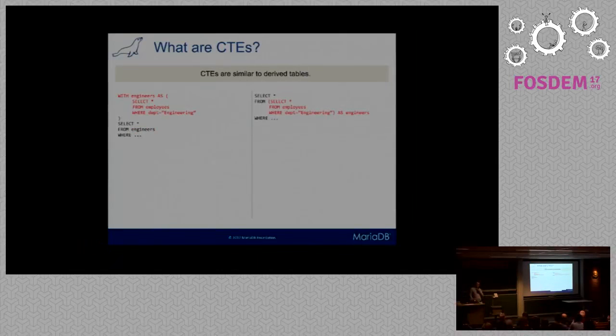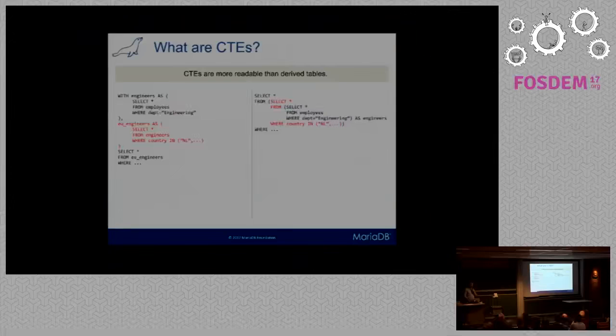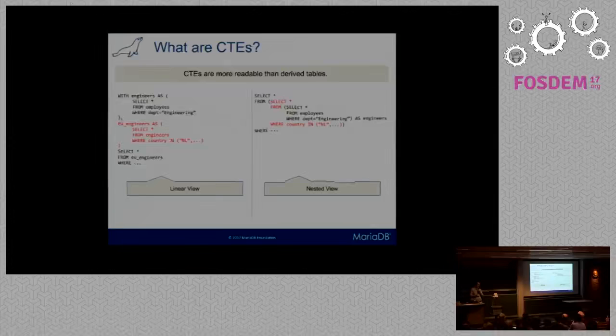A similar solution can be done without CTEs using derived tables. The two queries are identical. The difference is that you have the table definition inline within the query. This gets complicated as you add more derived tables. If you look on the right, we have a nested view of how two derived tables would look if they were to reference each other.